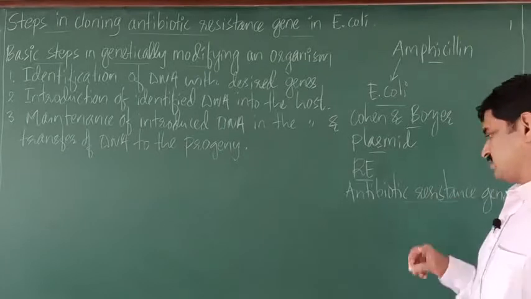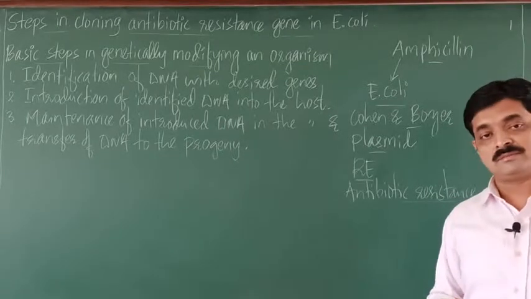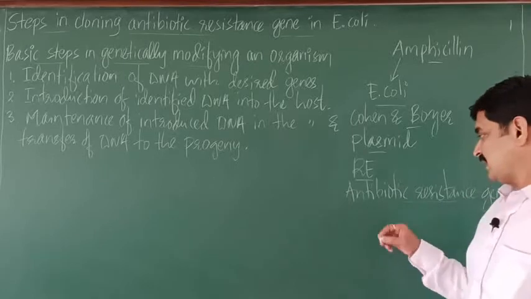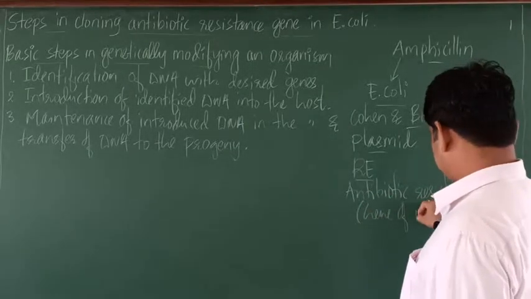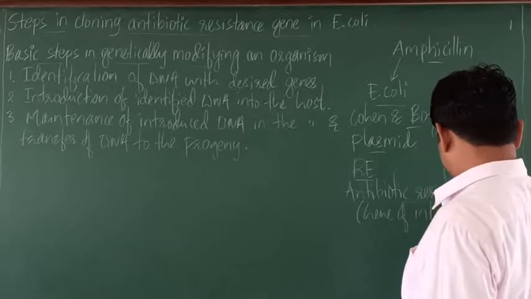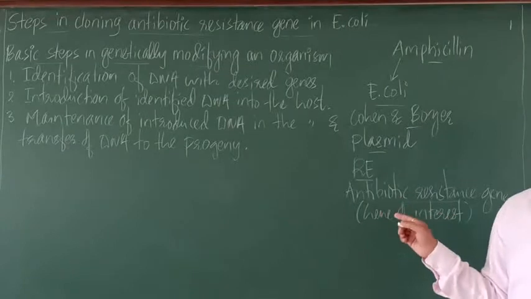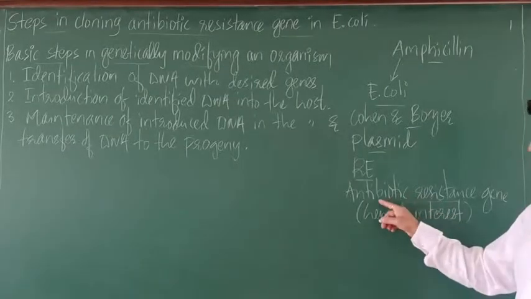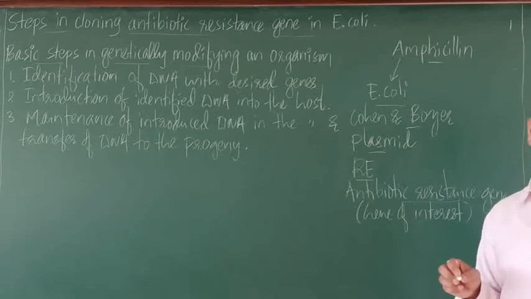So this gene was selected from a particular organism. This gene, we can call it as gene of interest. So this is the gene of interest which was taken from a selected organism.